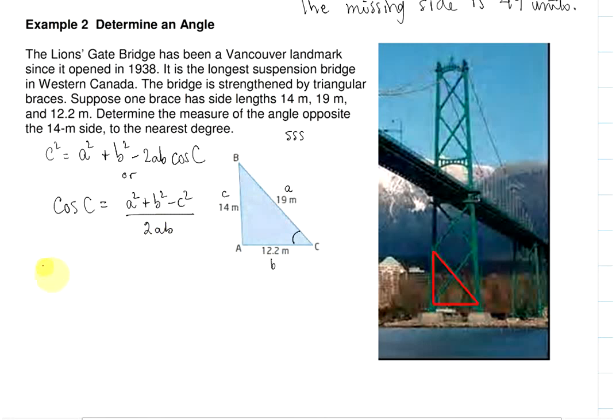Okay, so I want the cos of c. That would be a squared, which is 19 squared, plus b squared, which is 12.2 squared, minus c squared, which is 14 squared, all divided by 2 times 19 times 12.2.